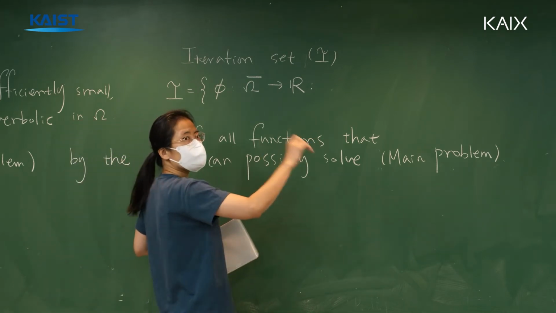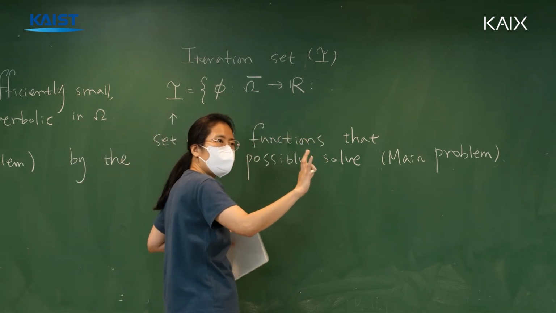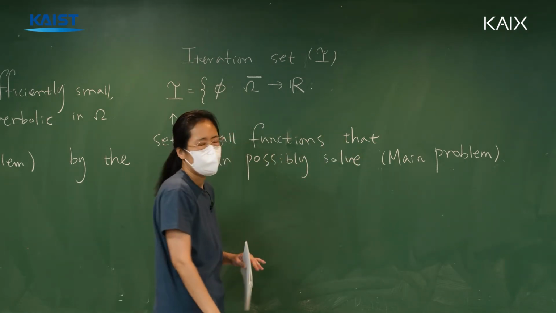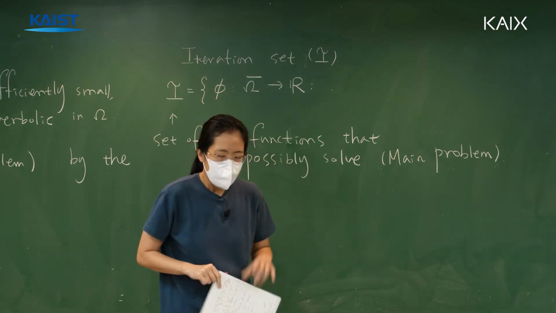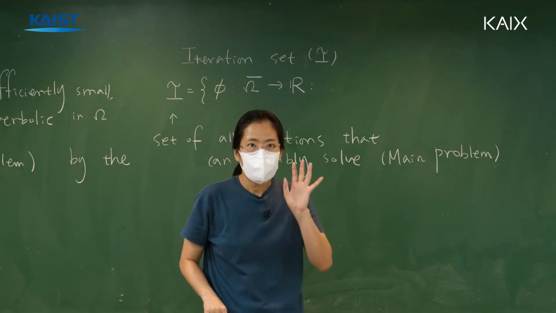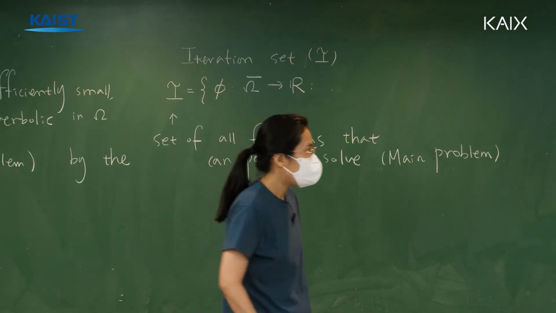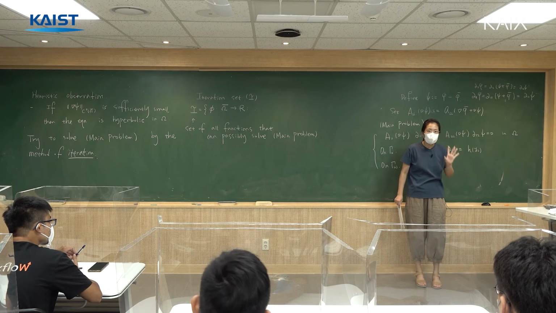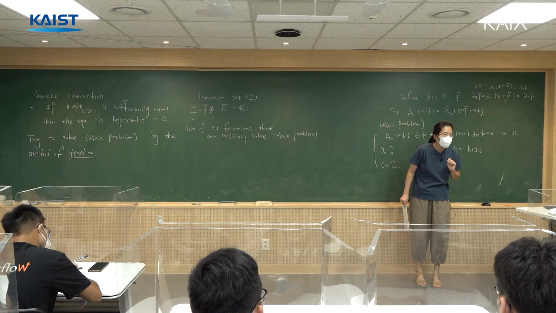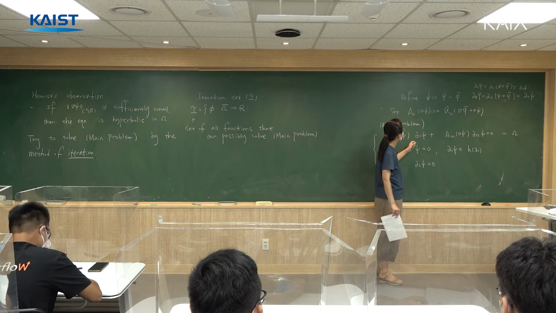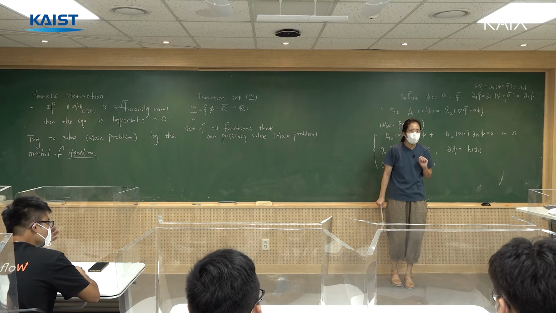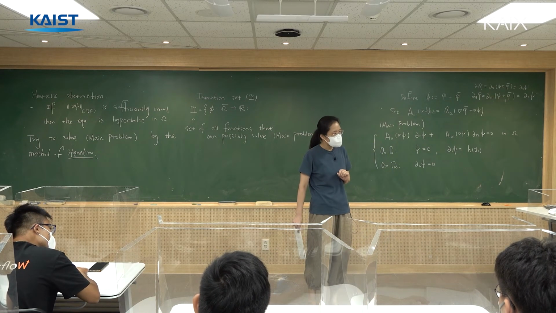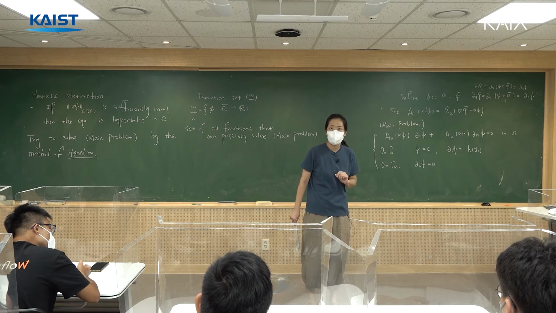Since we cannot pinpoint any particular analytic property for the functions that can possibly solve that problem, I just make a rough guess. All I need to do is to collect all the functions whose size is very small, because I'm solving the small perturbation problem, right? So here I only expect this size to be very small. But when you talk about functions, small can mean a lot of different things, right?